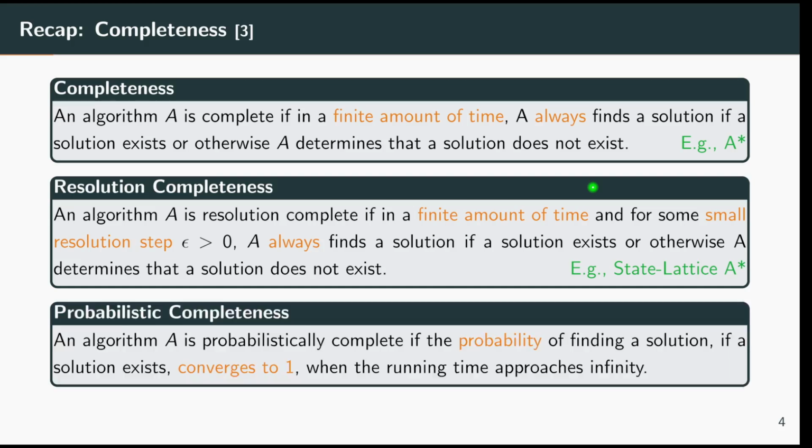And then finally, we have probabilistic completeness, and that one means that the probability of finding a solution converges to 1 if the running time goes to infinity. And so in particular, we don't have the second component anymore because it doesn't make sense to say it doesn't exist, because this algorithm would need infinite time to even figure out if it exists or not.